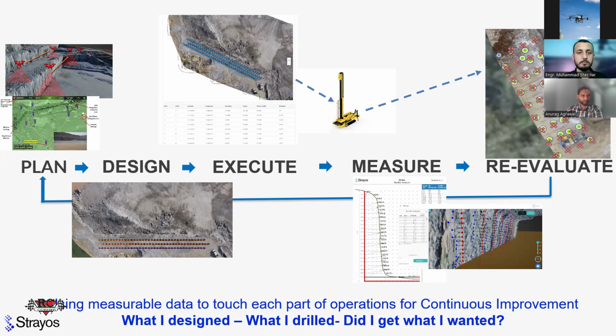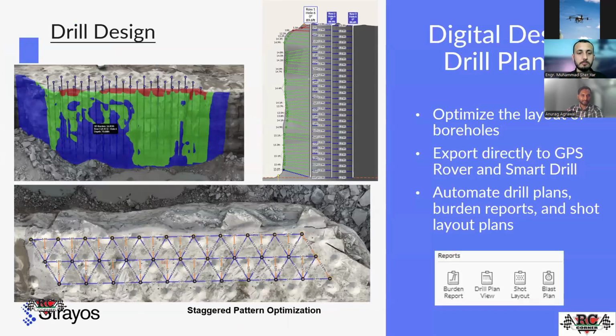So on the drill design side, you can see here in the picture, you can do the heat map analysis of your burden, where the green zone shows it is within the range of the burden, the red zone shows it is less than the burden which you have fixed earlier, and the blue zone shows it is higher than your prefixed burden.